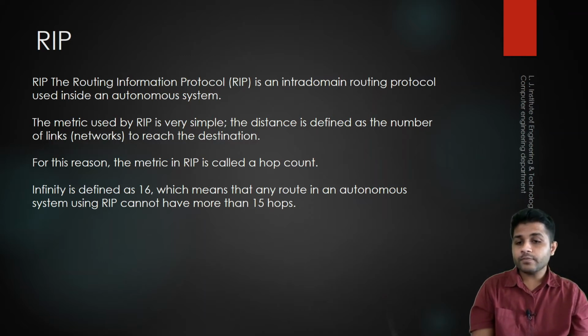So if a router has more than 15 hops, let's say 16, it means it is infinite. If you want to send a packet to a router 16 hops away, it is not possible in this RIP protocol because it should be within the autonomous system, a considerably small area.